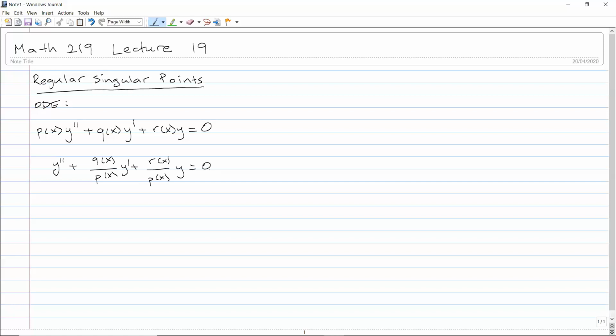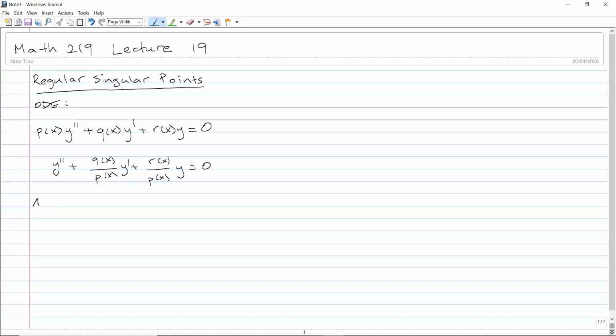So remember, to be an ordinary point, the coefficients q over p and r over p should be analytic at the point x0. So if they are not analytic, then it's not an ordinary point, it's a singular point.